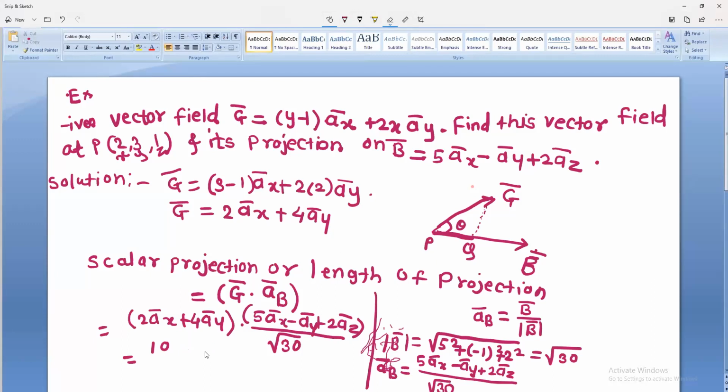So it is only 10, 2 into 5, 10, minus 4. 4 into 1 is minus 4, and there is no z coordinate, so it is plus 0, divided by root 30, and it is equal to 6 divided by root 30.